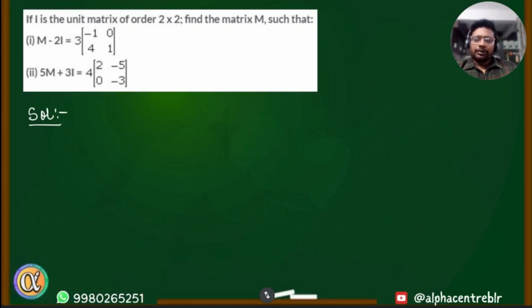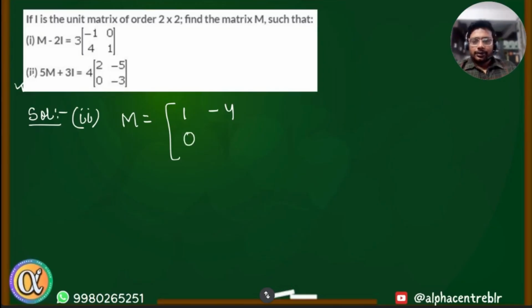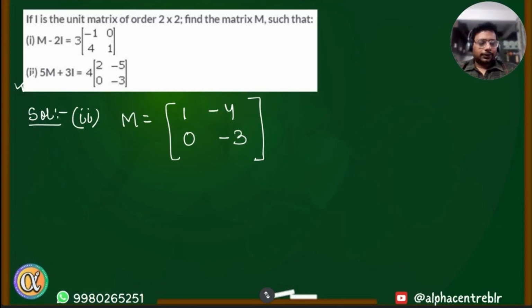So M is equal to 5 minus 20 0 minus, oh no, sorry, I forgot to divide it by 5. So M is equal to 1 minus 4 0 and minus 3. Okay, Maria, you can verify it. If both of you got the same answer, we'll just move forward. Yes, it is the same answer.